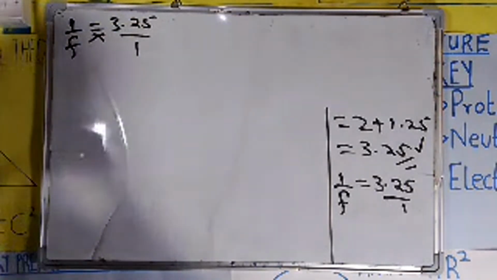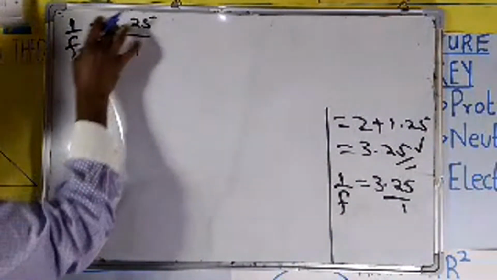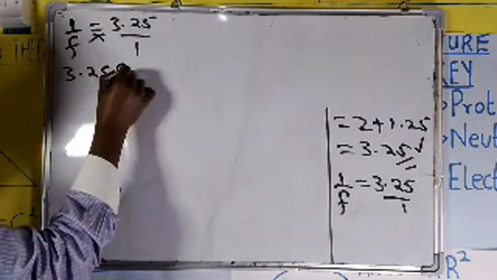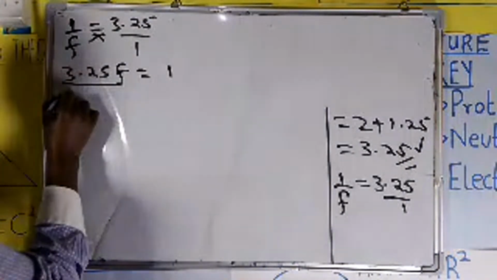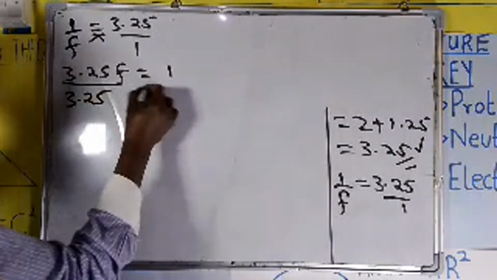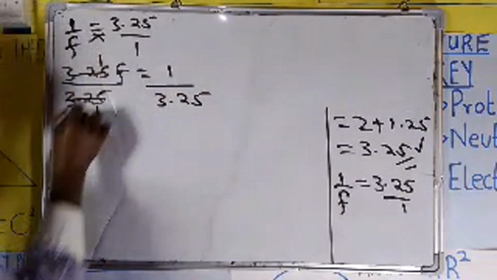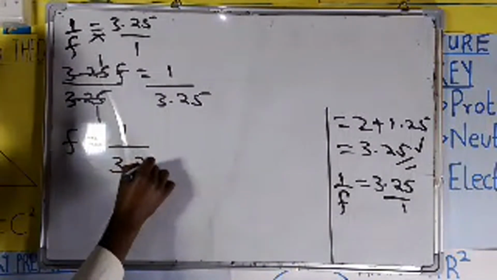Let us cross multiply, and when we cross multiply, we will have f times 3.25, which is 3.25f, equal to 1 times 1, which is 1. So we will now divide by 3.25 to get f. Once we do that, we will get f is equal to 1 over 3.25.